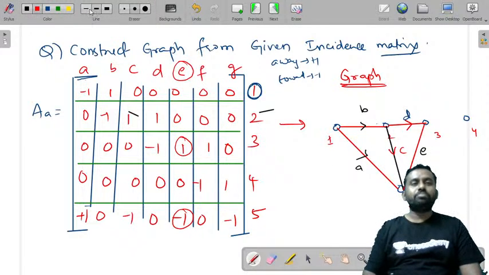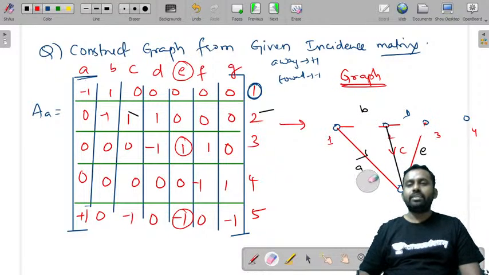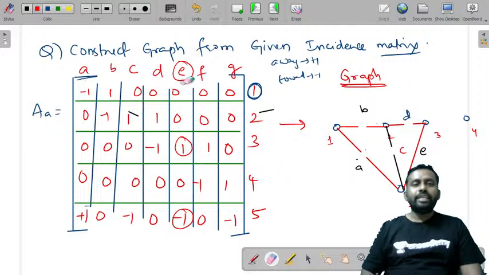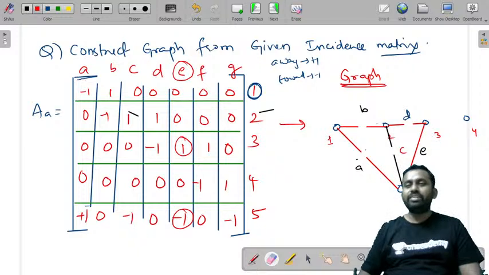I'll just erase them. Better to erase these. Take a smaller one and try to erase this. Now E is between 3 and 5.